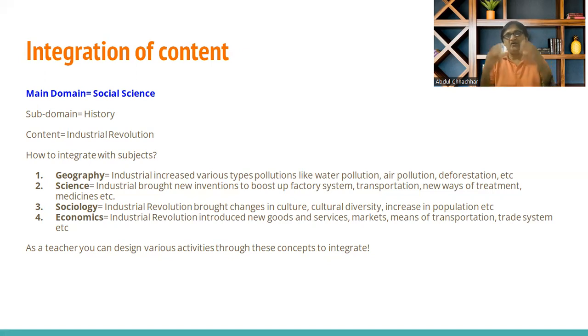So see how the industrial revolution is one topic which is a part of history, but it has several domains of other subjects. So you can design multiple activities, and you can integrate these concepts with a variety of subjects. That will help you make more interesting lessons and learning activities, and let the students enjoy.